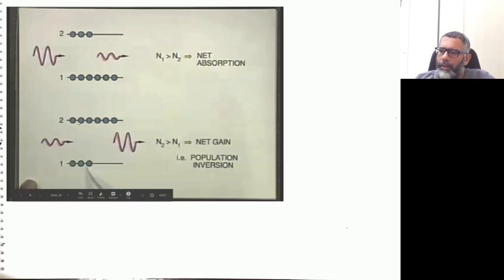So 30% of the light will be emitted through this mirror, and it will be used as the output light of a laser. This is how the laser works in short.